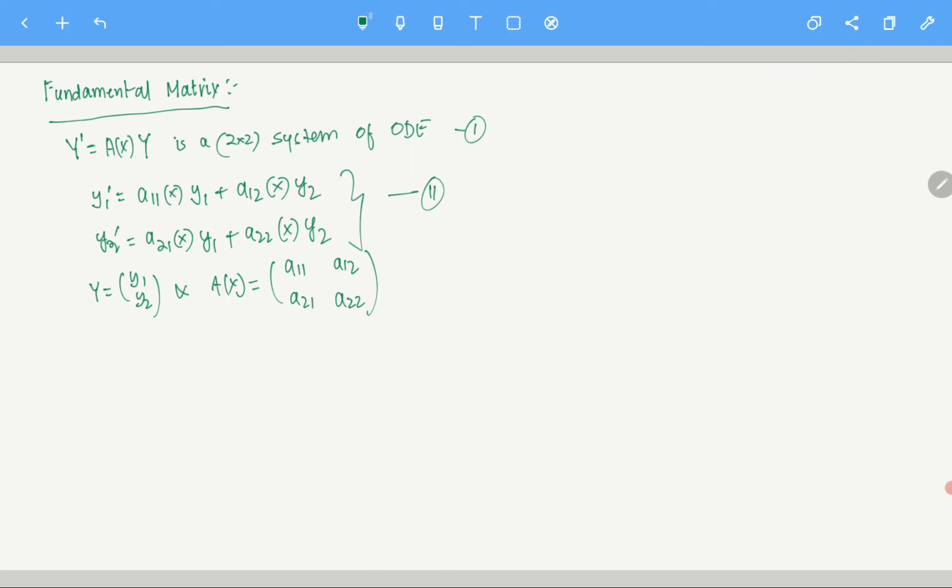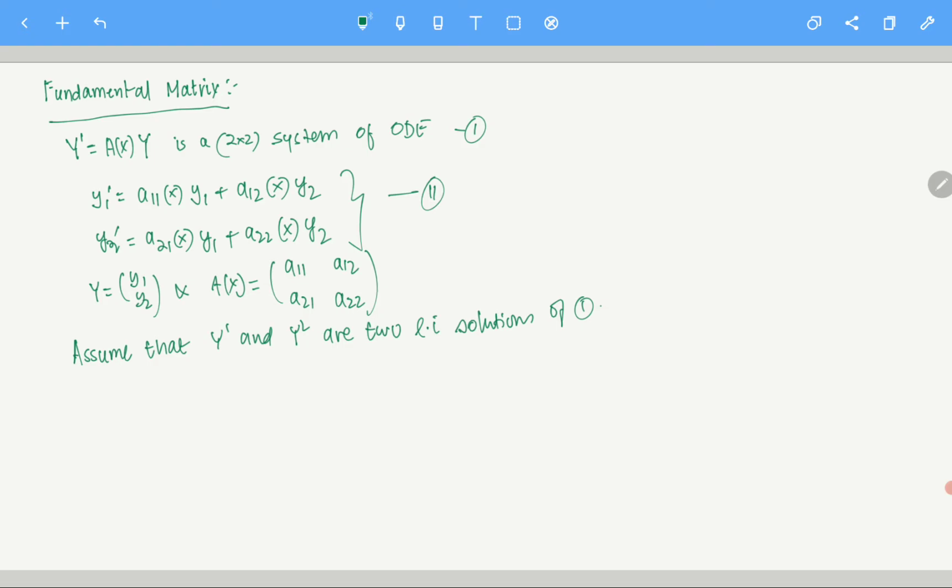Now let us assume for now, since I do not know about existence and uniqueness yet, that we have to talk about it later, that capital Y1 and capital Y2 are two linearly independent solutions of 1.